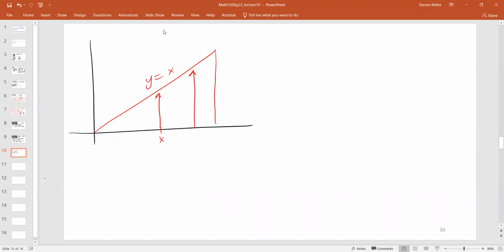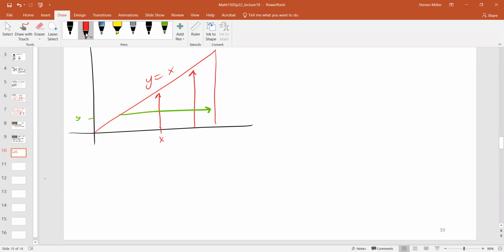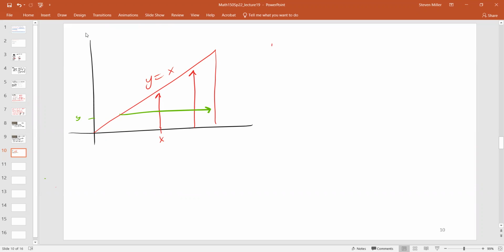So one is fix x and see how y varies. I could fix y and see how x varies. So maybe I fix y to be over here, and now I see how x varies. So in the first case, we fix x. So y goes from where to where?